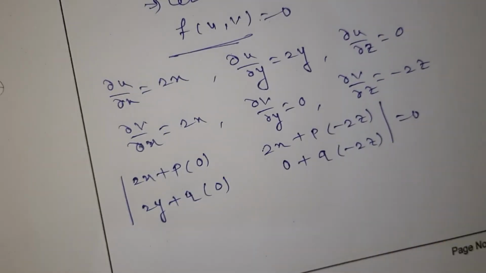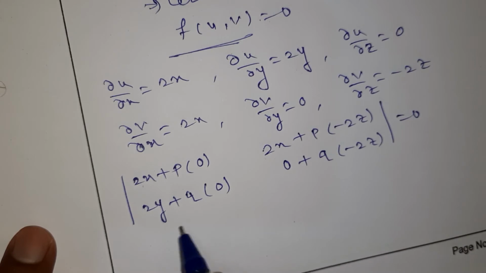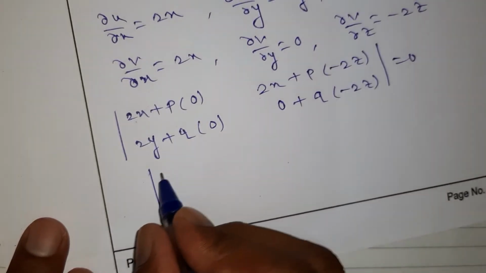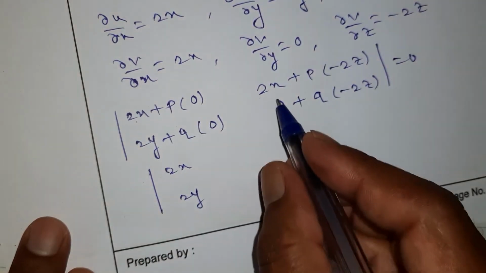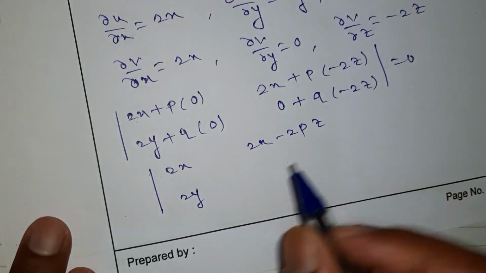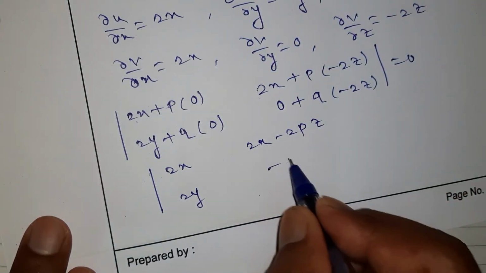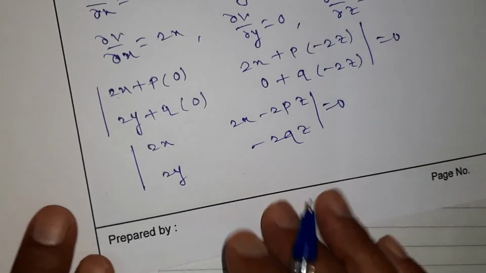Okay, simplify the determinant, solve it. I can write it in a proper way so that you can understand: 2x, 2y, because the other is 0 here, 2x minus 2pz, next minus 2qz is equal to 0. Now solve the determinant.